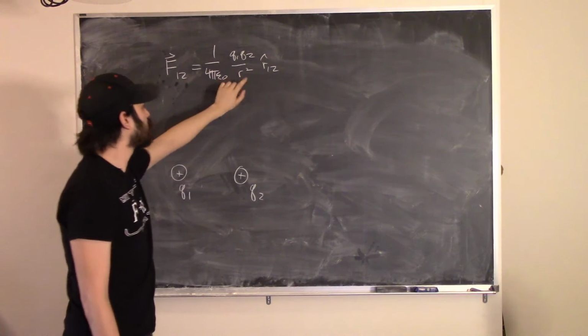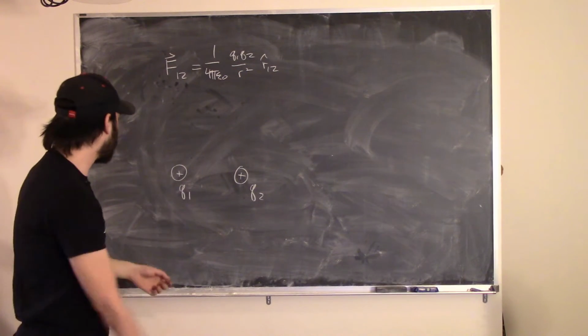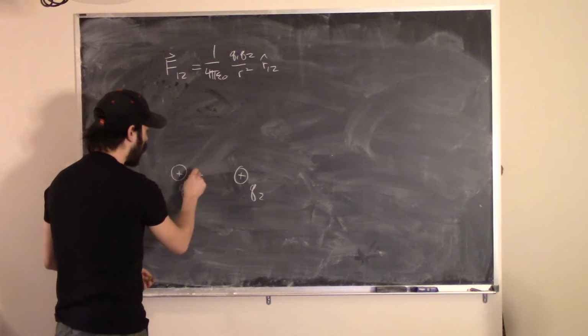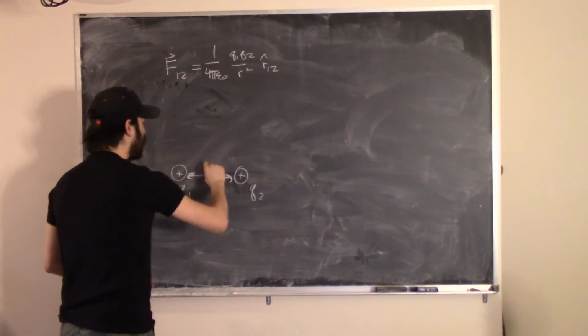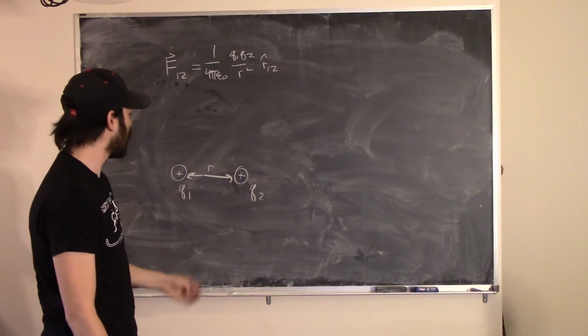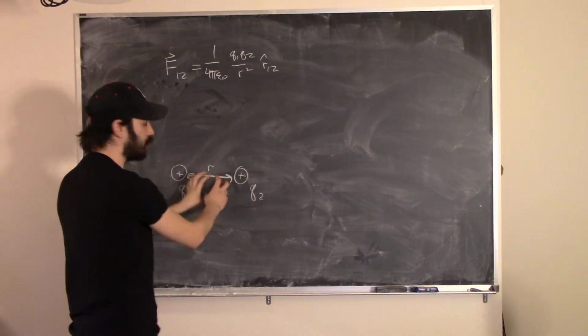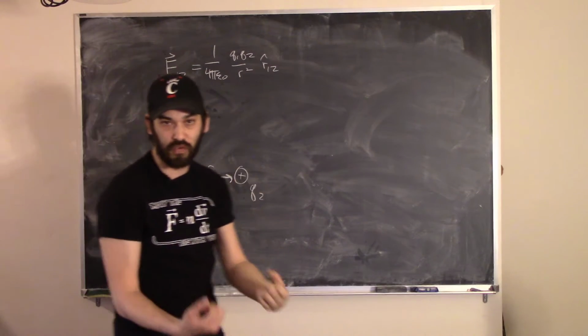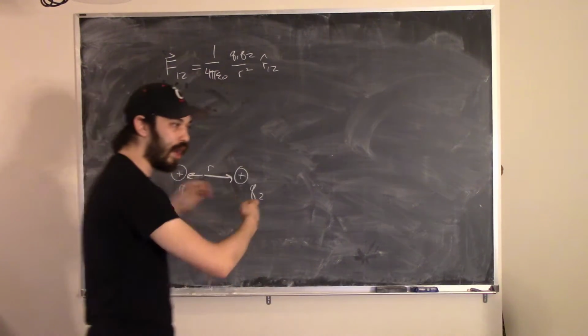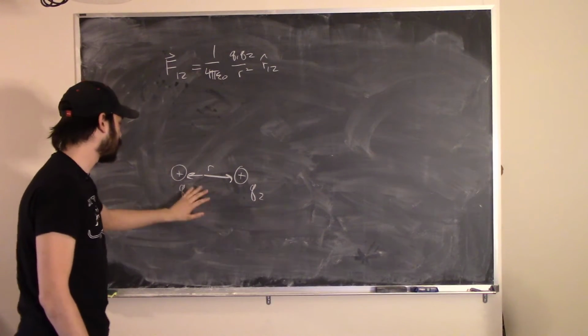The next part is this r squared that we have in the denominator, and r is just going to be the distance between these two charges. What we see is that if these two charges are close to each other, there's going to be a large force between them, and if they're far away from each other, there's going to be a small force between them.